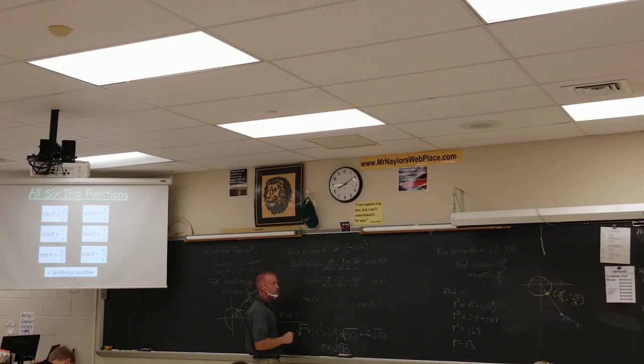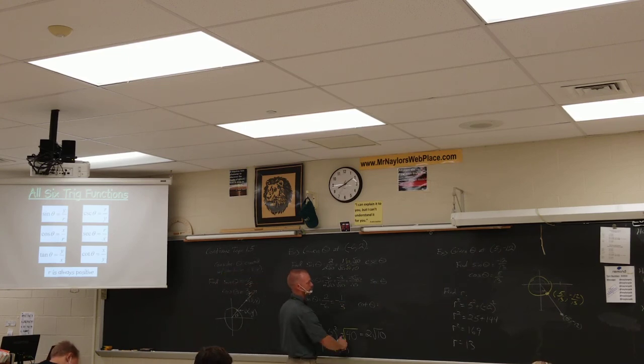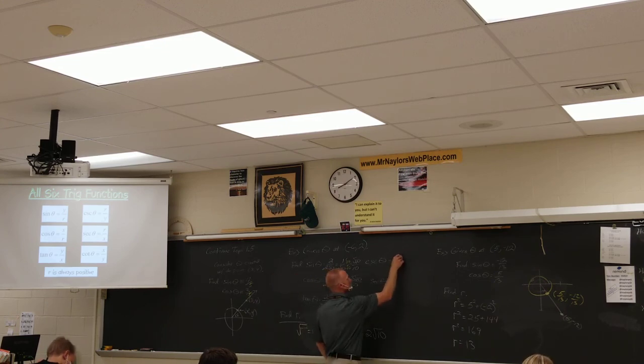Negative 3 root 10 over 10. When all the dust settles, negative 3 root 10 over 10 for cosine. And then you get the reciprocals.